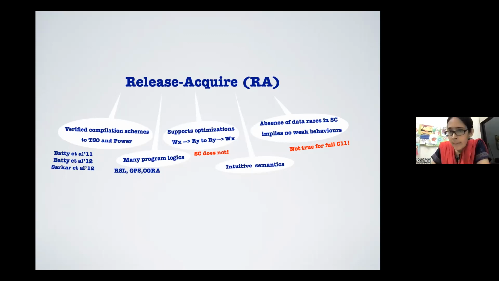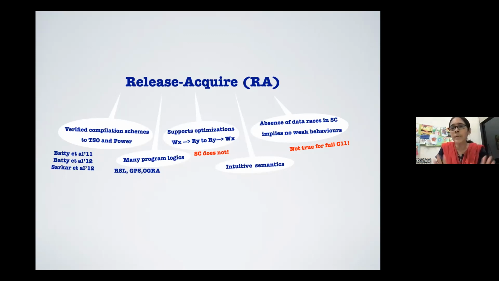And the last thing is that, okay, you take a program under sequential consistency. If you know that there are no data races with respect to sequential consistency, then you don't have to know anything about release acquire. The guarantee is that if under sequential consistency you have no data races in your starting program, then you will not get any weak behaviors, or any extra behaviors, as we saw on the store buffer example.